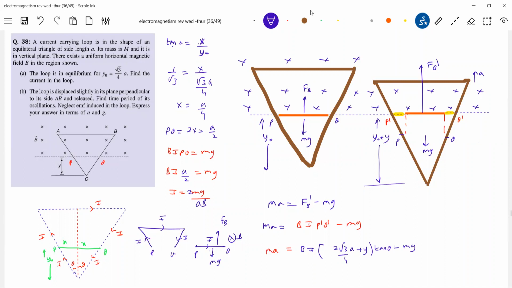Tan theta. What is x? x is equal to root 3 a by 4 tan theta. What is x equal to root 3 a by 4 tan theta?